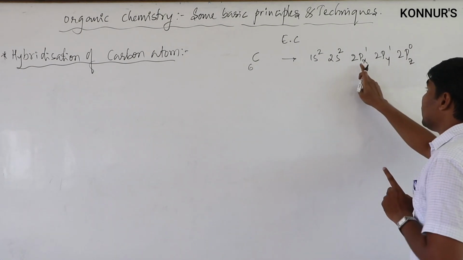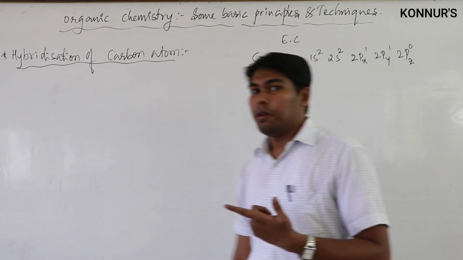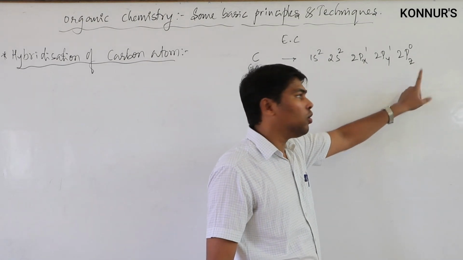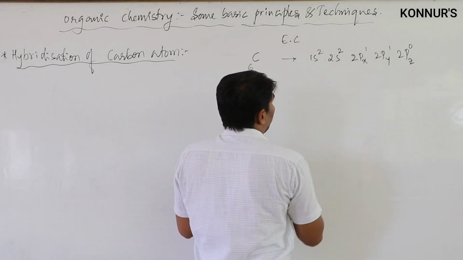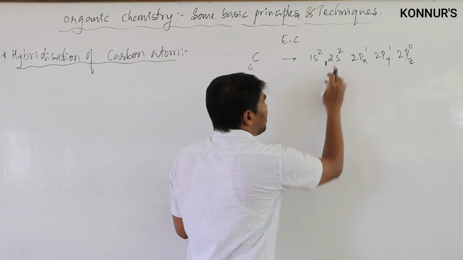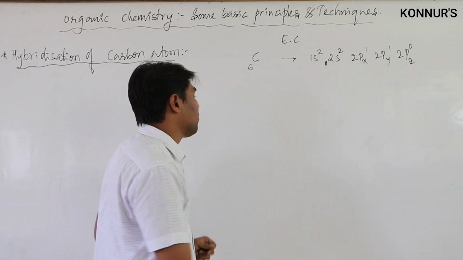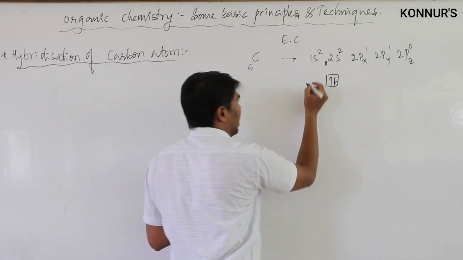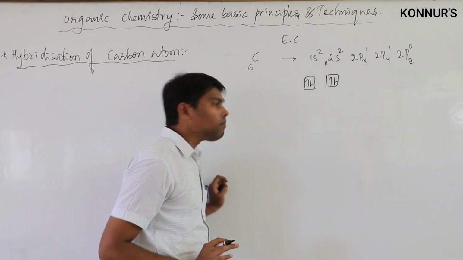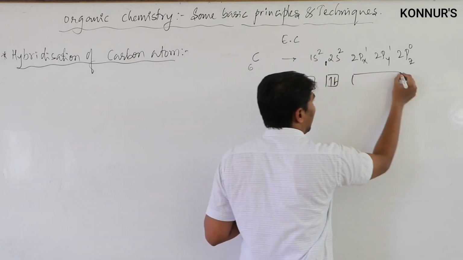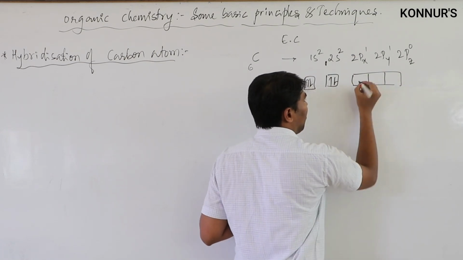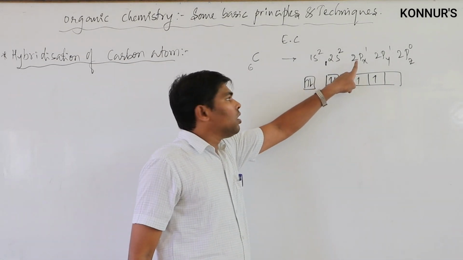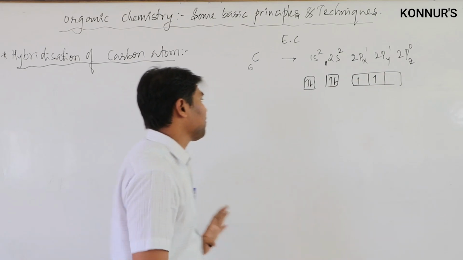Since there are 3 sub-orbitals in 2p, I would like to write them as 2px, 2py, 2pz. Here the second shell is the outermost shell, which contains 2s2, where 1s2 is there, and this is 2p, where single electrons are there in the 2px and 2py orbitals.